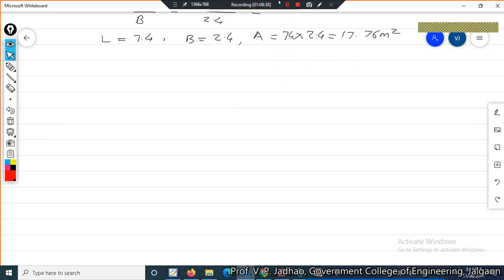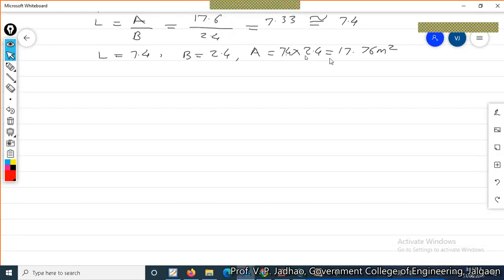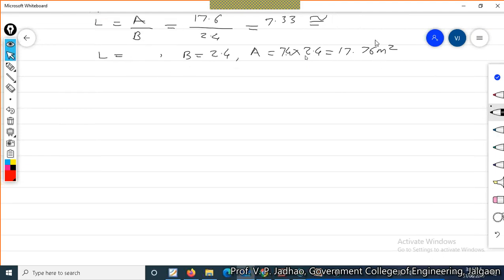Let us assume the length of footing as 7.5 instead of 7.4, because I have done all the calculations as per 7.5 only. So the length of footing is 7.5. Therefore, recalculating the area of footing, 7.5 times 2.4 gives 18 meter square. We got the area as 18 meter square.